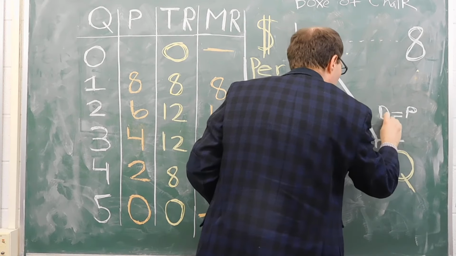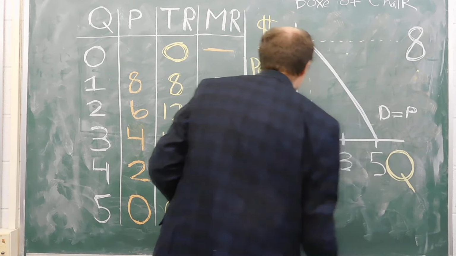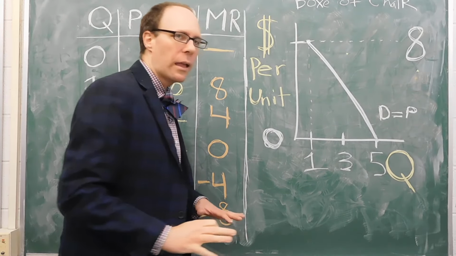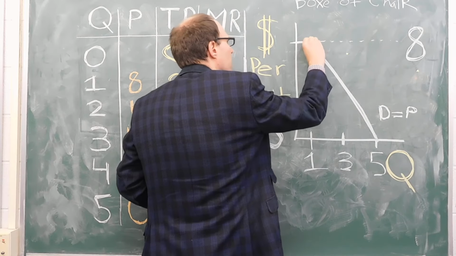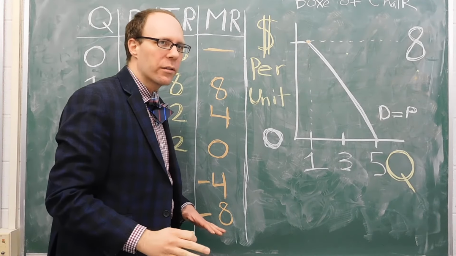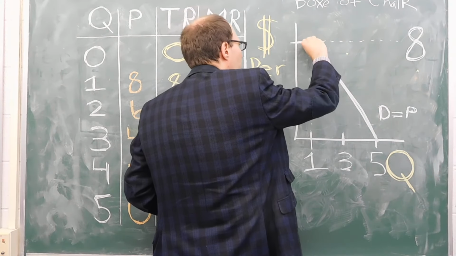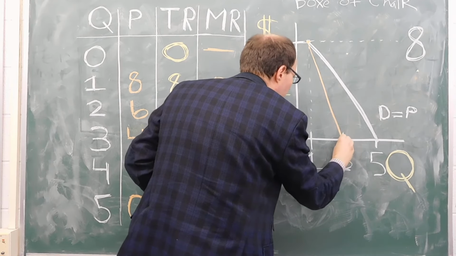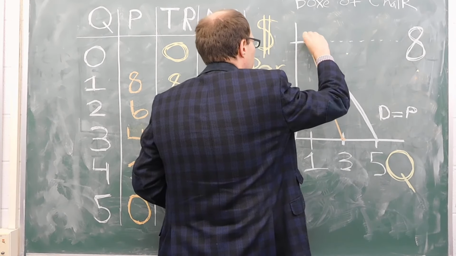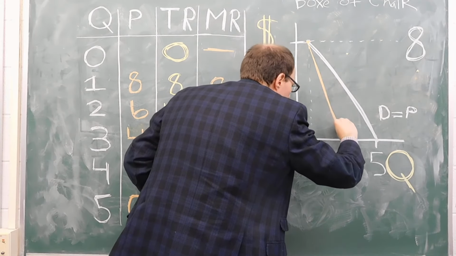Now we're going to graph the marginal revenue, which we're doing in orange. At an output of 1, it's still going to start at $8. But by an output of 3, using our numbers from the table, our marginal revenue is going to be 0. Again, it's going to make a linear line, by the way it's been constructed.